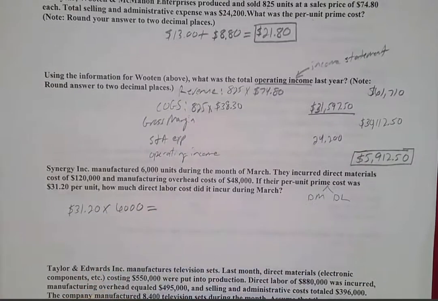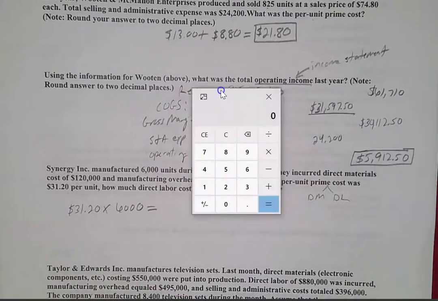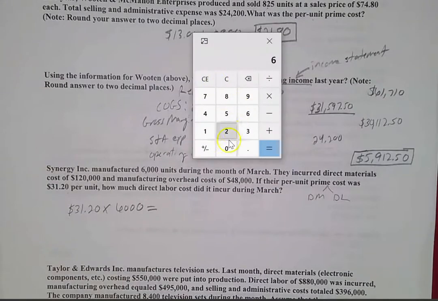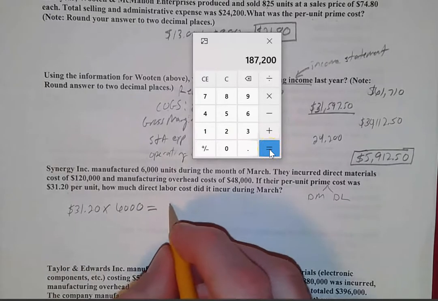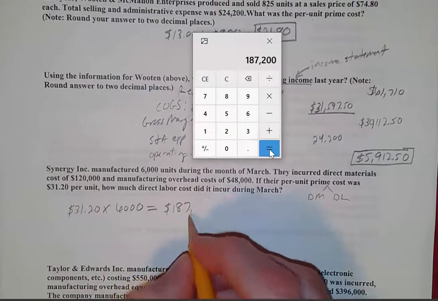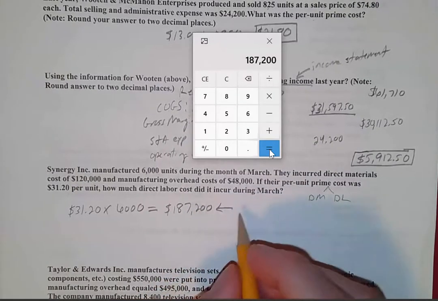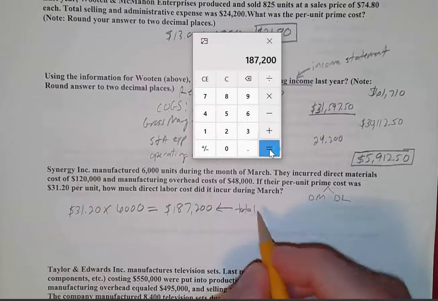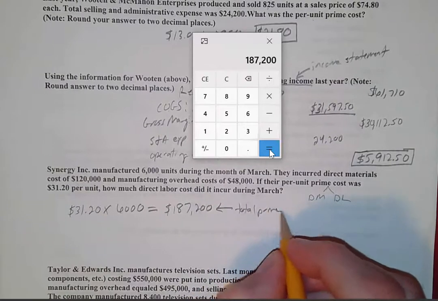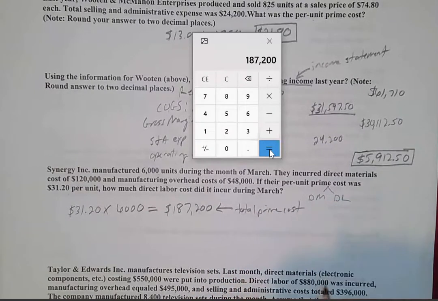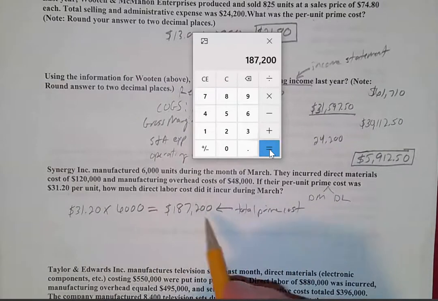Now this is not going to give us our answer, but if we do that, 6,000 times 31.20 equals $187,200, and this is total prime cost.